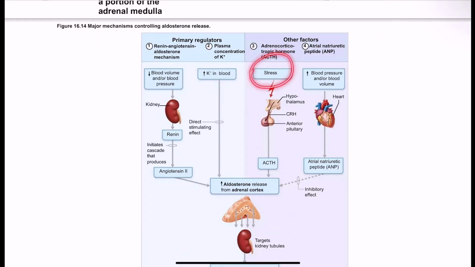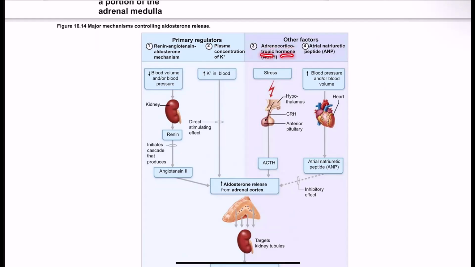If there's feelings of stress to the body, then the hypothalamus releases this hormone CRH. That's corticotropin releasing hormone. That means it's acting on the adrenal cortex. And thus the anterior pituitary releases adrenocorticotropic hormone, acting on the adrenal cortex.